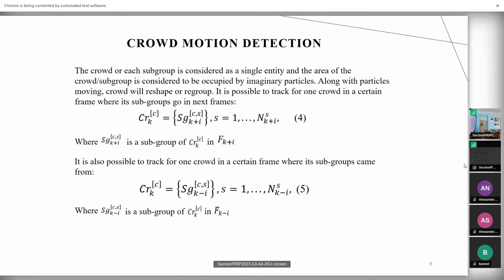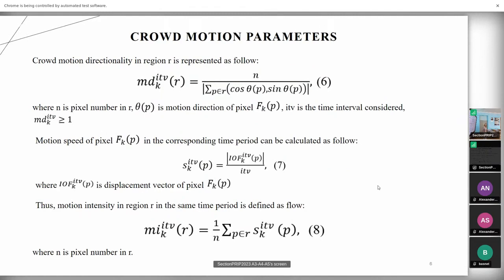Once subgroups of the crowd are allocated in the previous or posterior frame, further analysis of the crowd can determine whether normal behavior happens. And of course, the subgroups of different crowds in one frame can compose one big crowd in other frames.